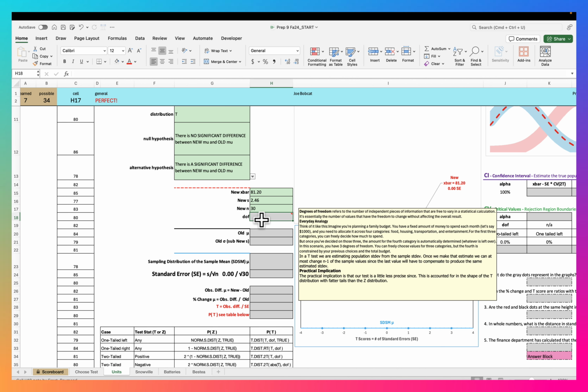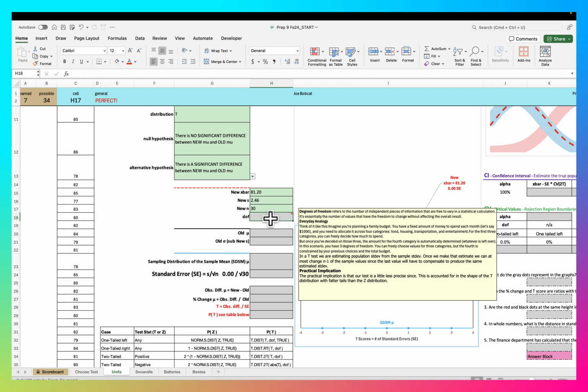The practical implication is that our test is a little less precise because we're estimating. This is accounted for in the shape of the t-distribution with fatter tails than the z-distribution. And the tails are fatter, especially when the sample size is small. Once sample size gets big, meaning 30 or more, then the t and z start looking very similar.